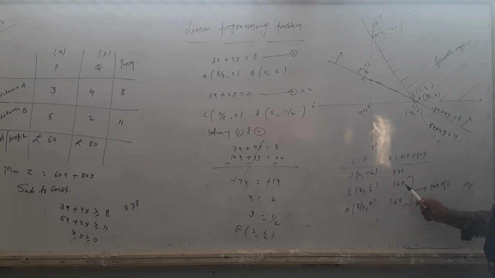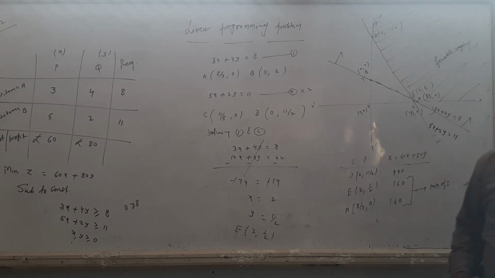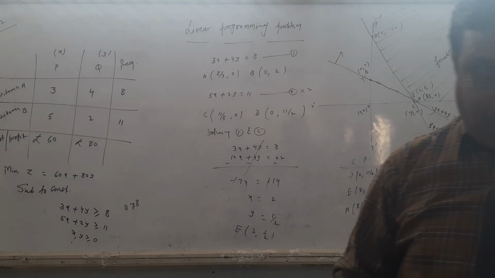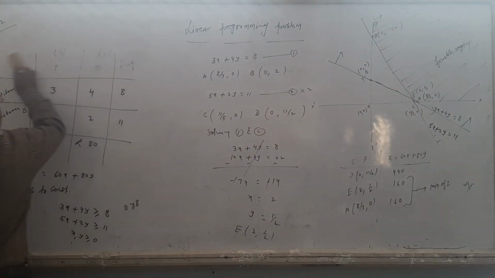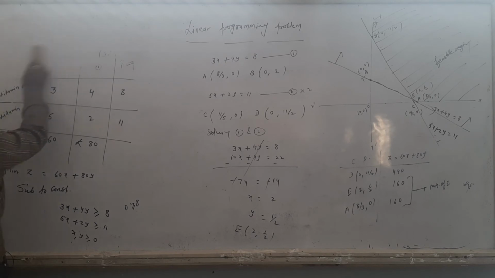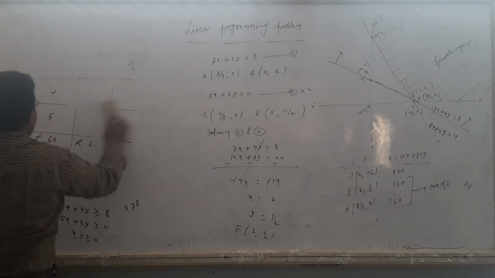At E, 2 comma half, it is 160. At A, 8 by 3, 0, it is 160. So now find the minimum z. There are two values, E and A, so the minimum value of z is 160 at points E and A.